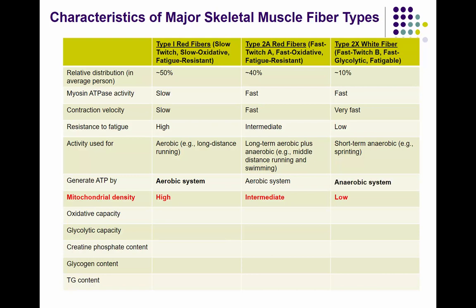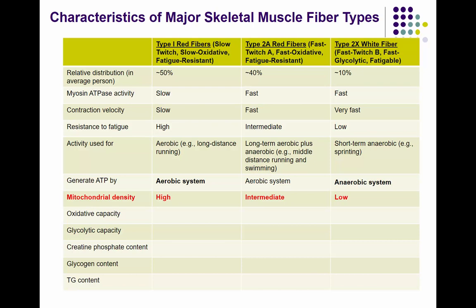Anaerobic, right? Because they have a lower mitochondrial content, they are not able to do much oxidative metabolism. So the anaerobic system will be the major metabolic activity in the type 2X fibers for ATP production, for energy metabolism.